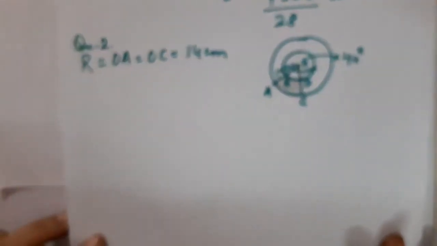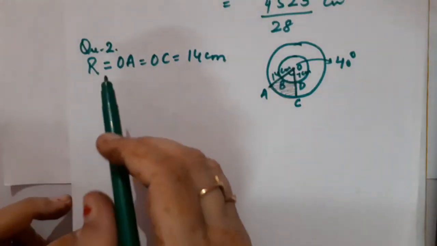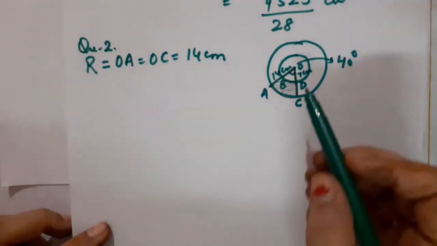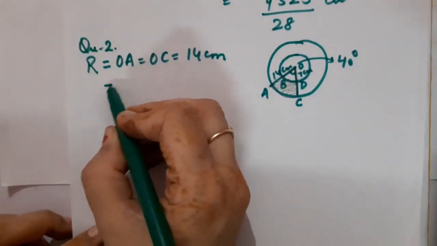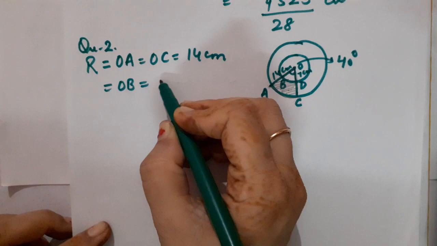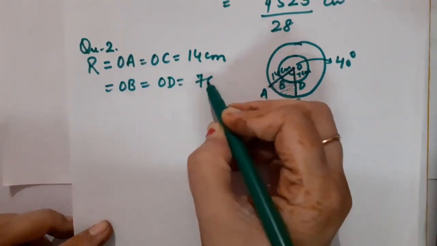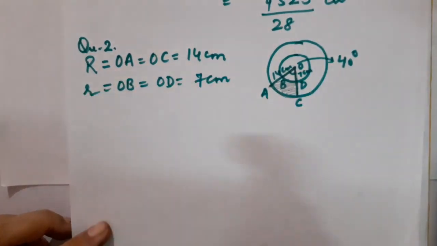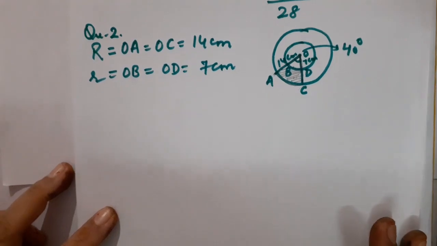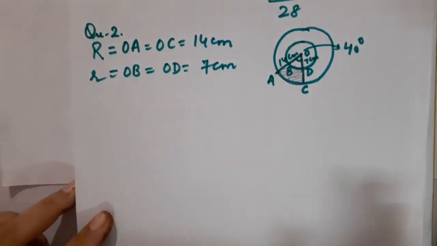You can denote it by capital R also. Correct? Now you know that OB is equal to OD is equal to 7 centimeter. So represent it by small r, because this is the radius of the smaller circle.